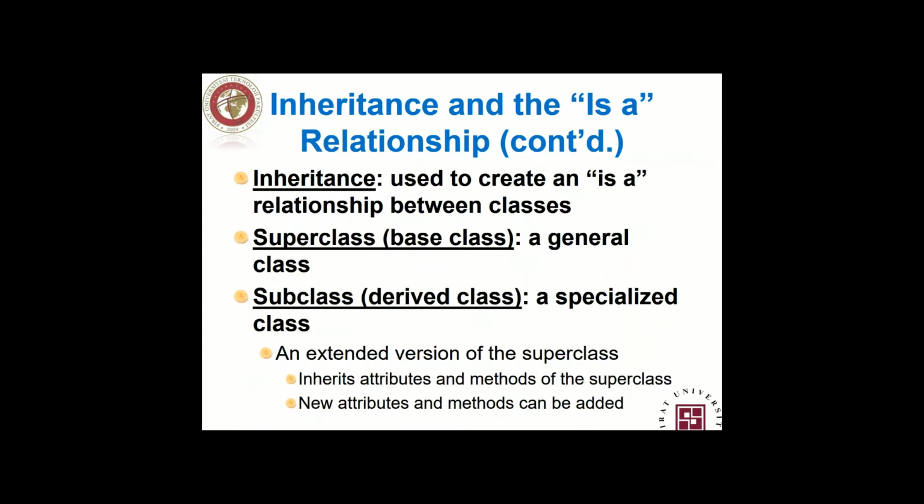We have a general class, we call it superclass. Okay, sometimes we refer to it by base class. This class has the general attributes of certain category that we have in our world or in the technical field, and then we derive a class from it, or we extend its attributes and functionality to have another subclass or derived class, or what we refer to here in this case a specialized class.